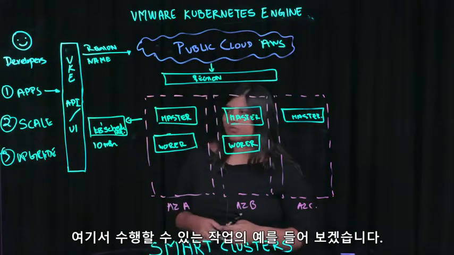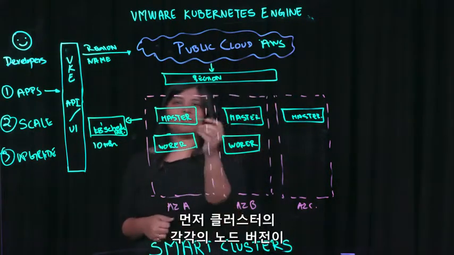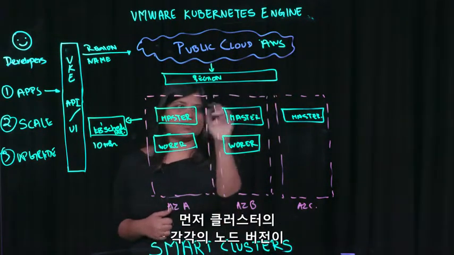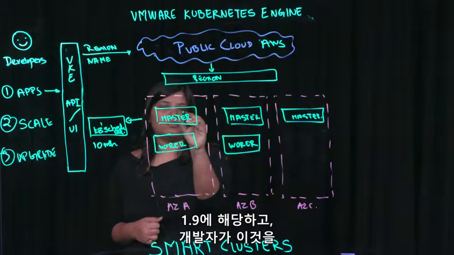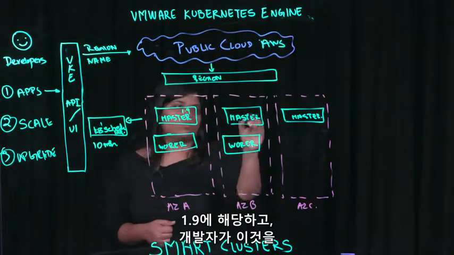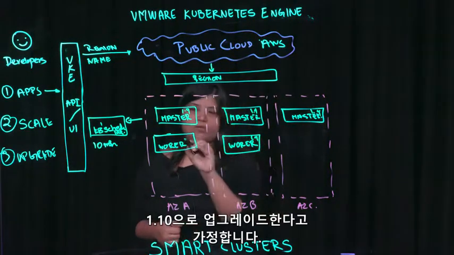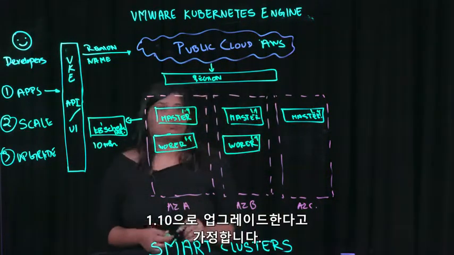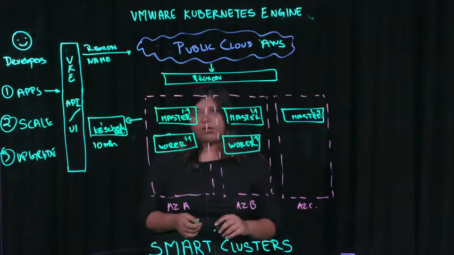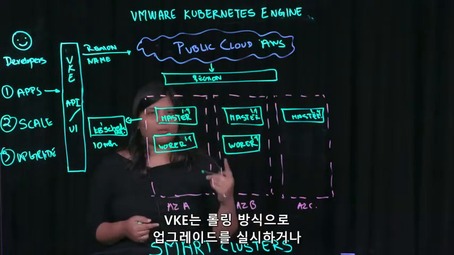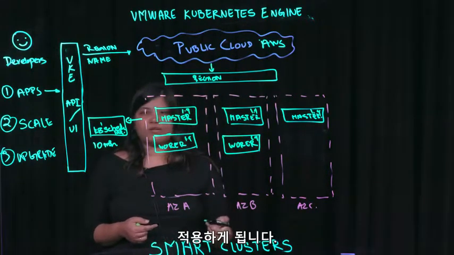Let's say you have a K8 cluster that has version 1.9 on each of its nodes, and the developer wants to upgrade to 1.10. VKE will start applying those upgrades in a rolling fashion.